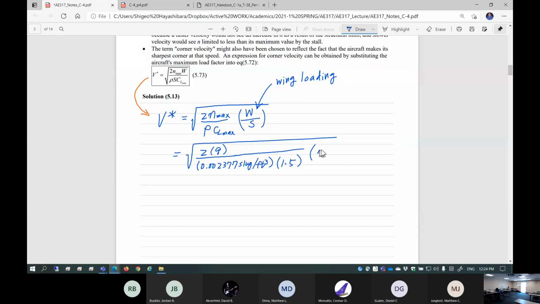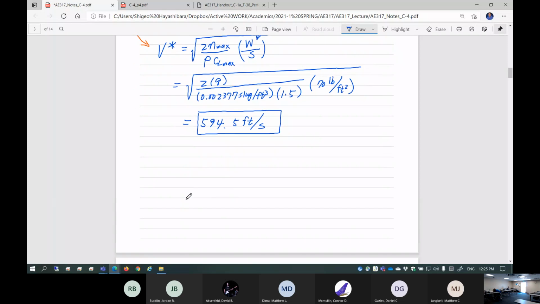W over S is 70 pounds per square foot. If you compute the corner velocity, you get 594.5 feet per second. Yeah, it's a very simple exercise here. So this is the corner velocity for this airplane. Pretty high speed.